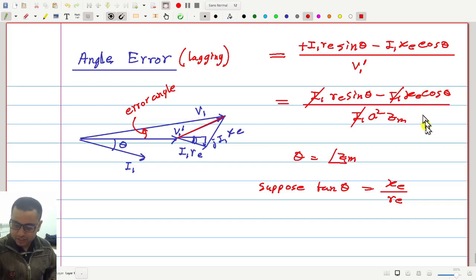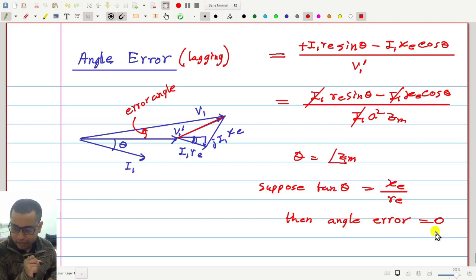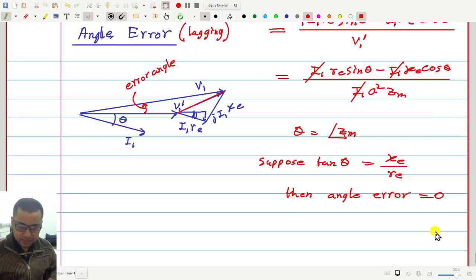So then the angle error will be 0. Another way of telling that is basically this drop will be in the direction of the measured voltage itself.